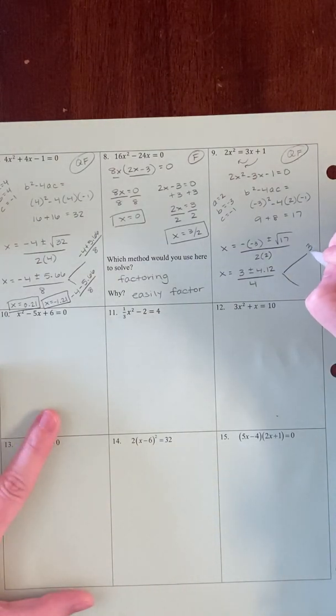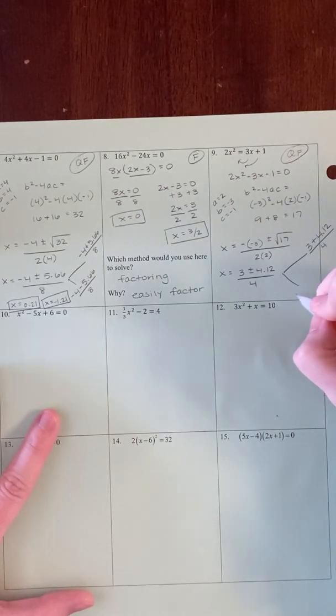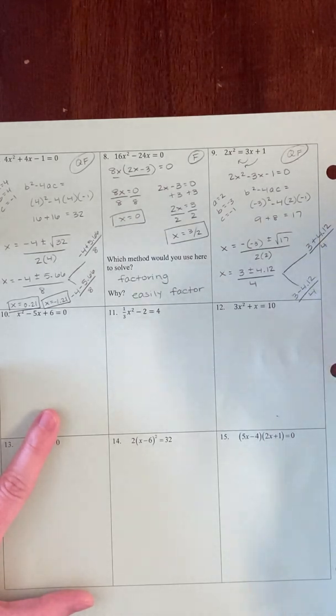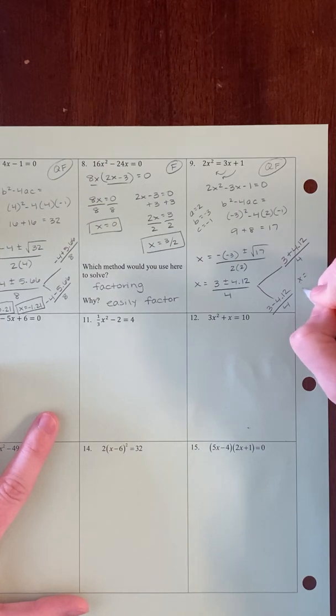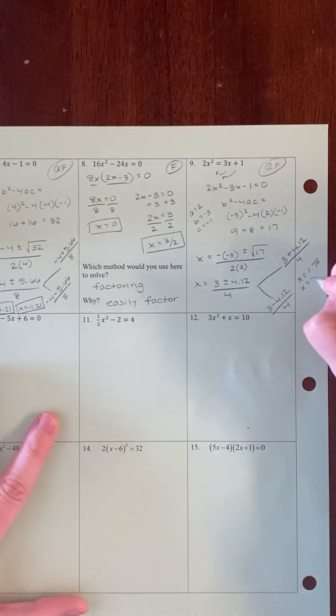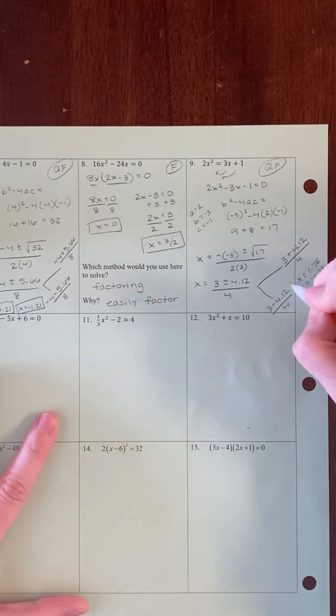I'm going to go ahead and solve these. So 3 plus 4.12 divided by 4 and 3 minus 4.12 divided by 4. And then when you solve both of those, you should get 1.78 and negative 0.28.